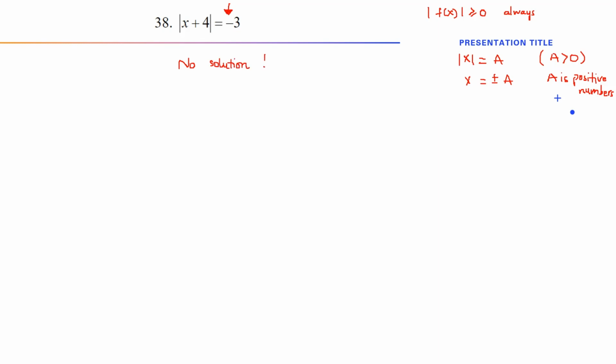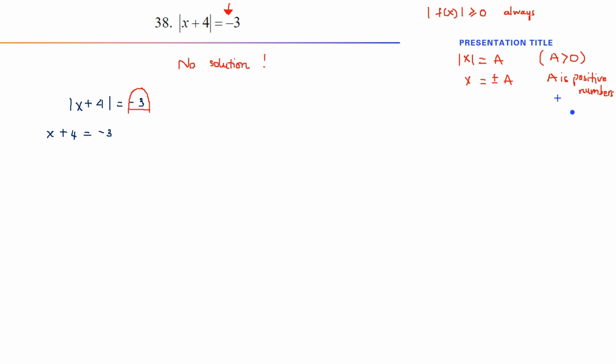Why is it no solutions? We can solve for it. In case we forgot that a has to be greater than 0, we can solve like normal and we will see. So we can say x plus 4 equal negative 3, right? So our a in this case is a negative number.